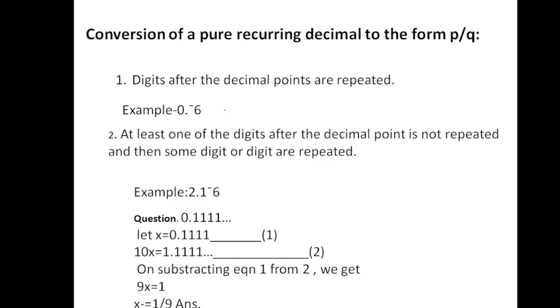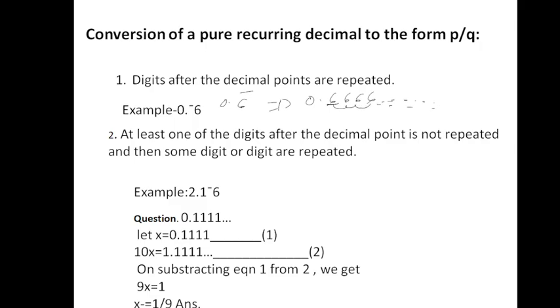Here is an example, 0.6 bar, that means 0.6666 and so on. You have to notice that after the decimal point the digits are repeated: 6, again 6, again 6, again 6, and so on.